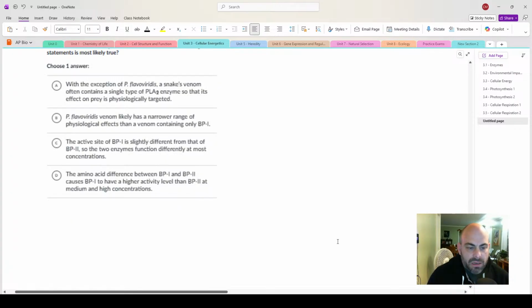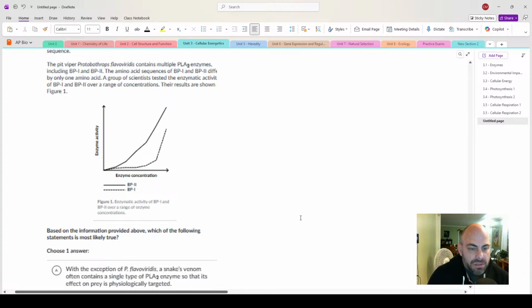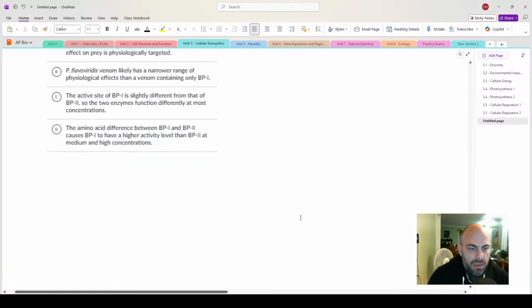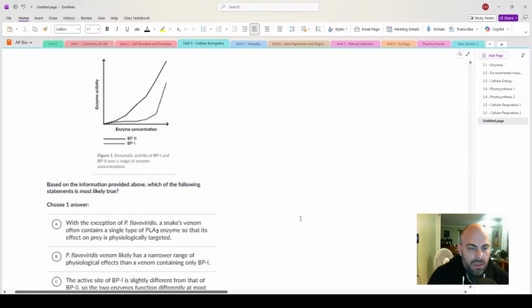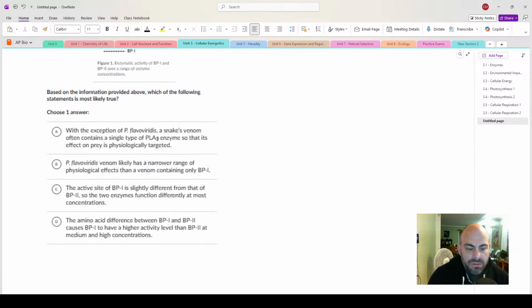Let's look at D. Amino acid difference between BP1 and BP2 causes BP1 to have a higher activity level than BP2 at medium and high concentrations. I don't know why D would be true. This is a weird question. I like C. It may be wrong though. No, it was right.